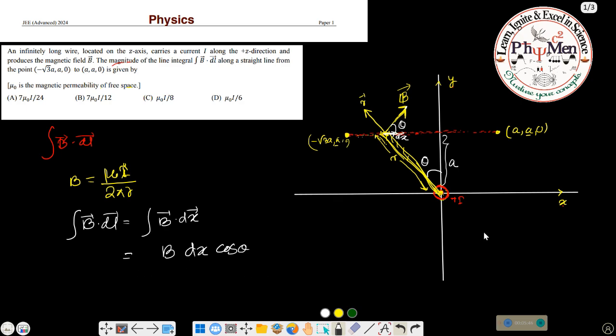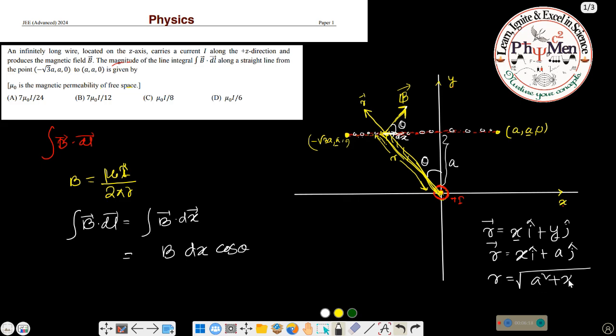We can write r as x i cap plus y j cap, because for each point along this line r varies. Along this line y is constant, so r vector is x i cap plus a j cap, and its magnitude is root of a square plus x square.